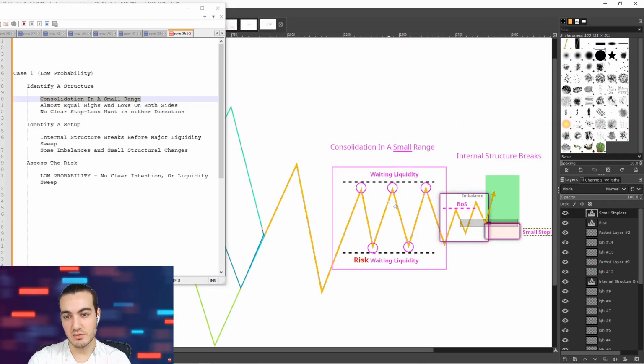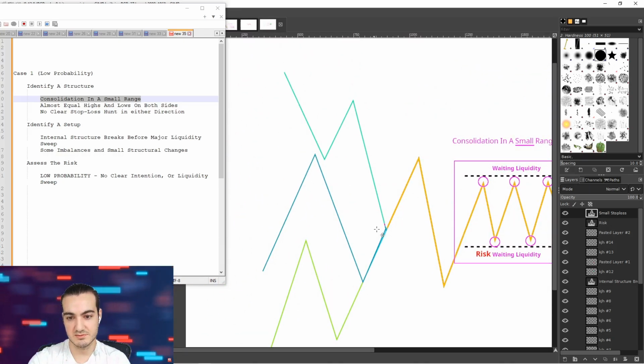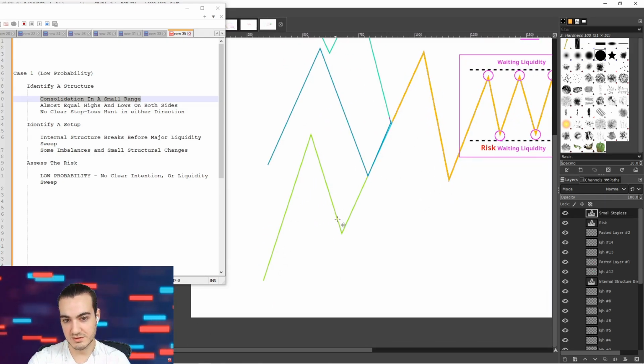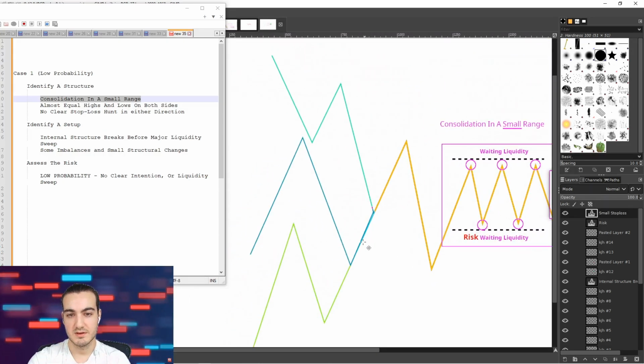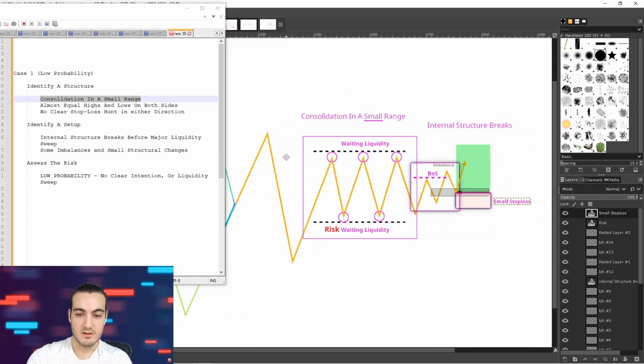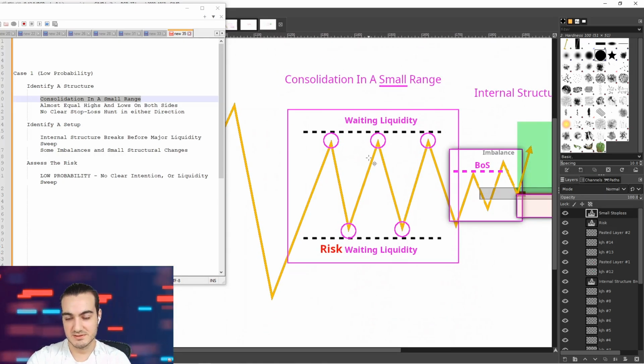And we say a small range because this implies that whatever the price was doing before, it was moving in a much larger way. So case 1, 2, and 3, we don't know what price was doing prior to this, because it doesn't really matter.